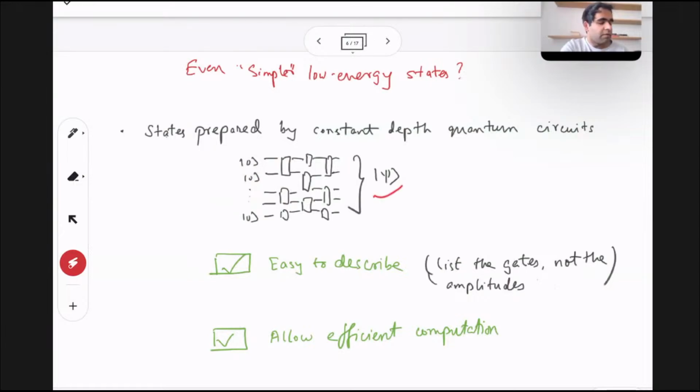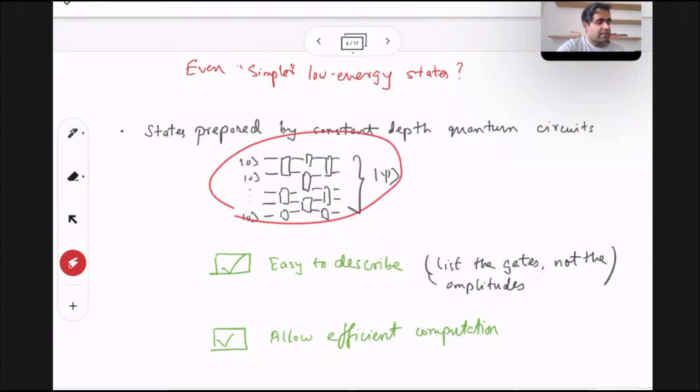So think of all quantum states that can be prepared by starting with all 0 states and applying a collection of gates layer by layer. And let's say I was allowed to apply only a constant number of layers. In each layer, the gates cannot touch each other. They have to be acting on different qubits. But a constant number of layers are allowed, or maybe a little bit more than a constant is also fine.